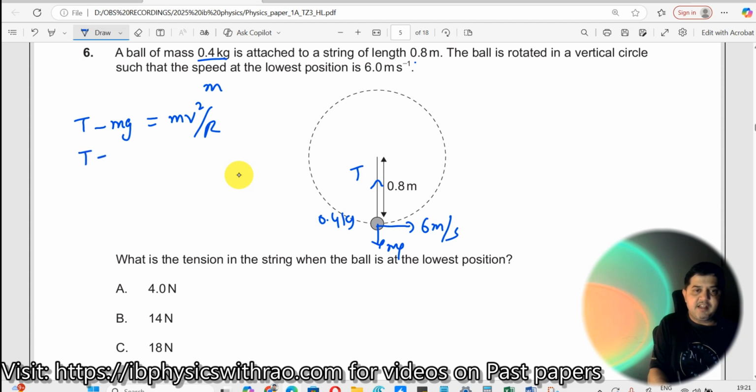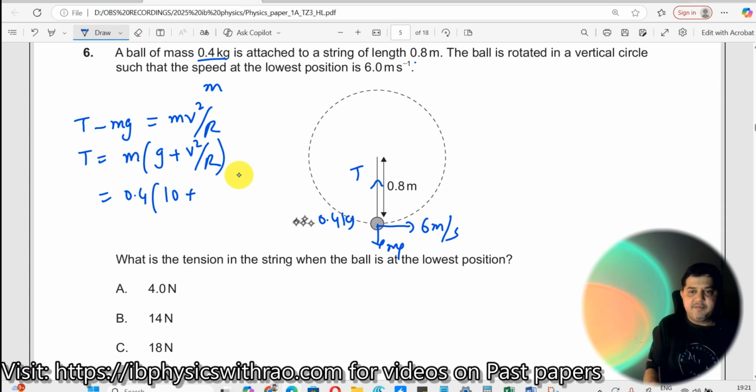What I will do is T is equal to m into g plus v square divided by r. Now let me write down the values. This is 0.4 into 10 plus v square. V square is 36 divided by r, which is 0.8.